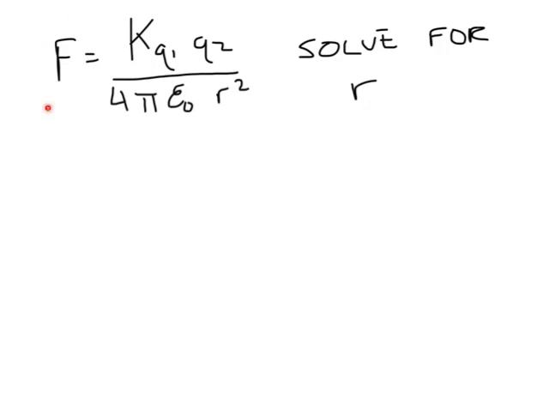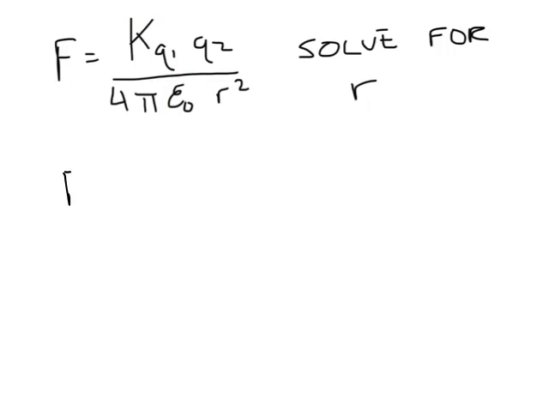Okay, so now we're going to look at a form of Coulomb's law. We've got a constant here, and this epsilon naught is the permittivity of free space, and we've got the charges of the two particles and their radial distance from each other. And this one again is easier than it looks.